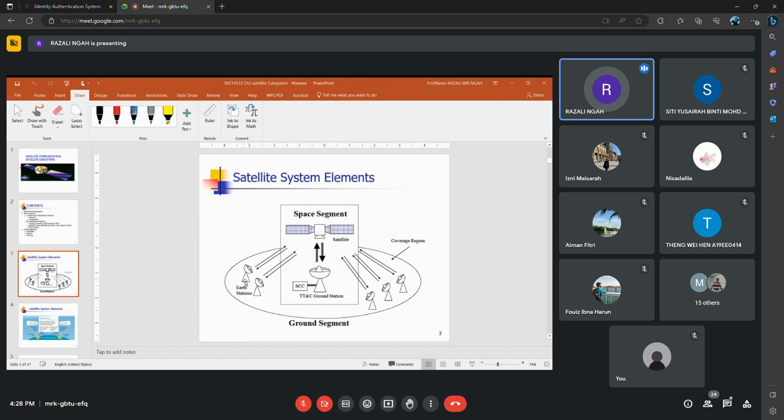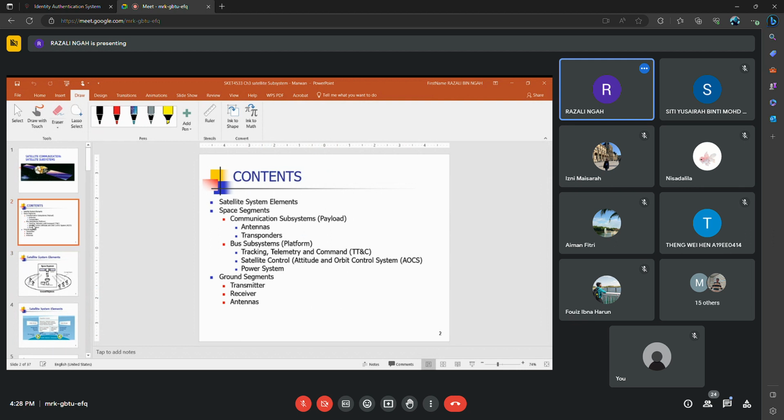The user normally refers to the ground segment. For the space segment, except for TTNC, all are located on the satellite.